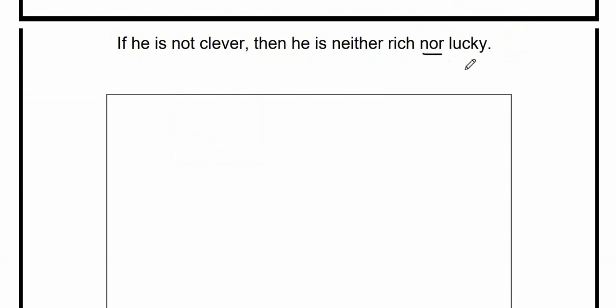Nor means, well, first we'll type all the capital letters: rich, lucky, and clever. So we have three constants. Nor is equivalent to or. Neither rich nor lucky.